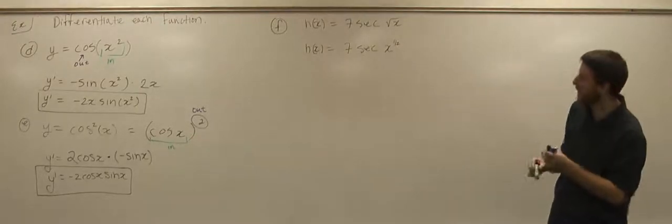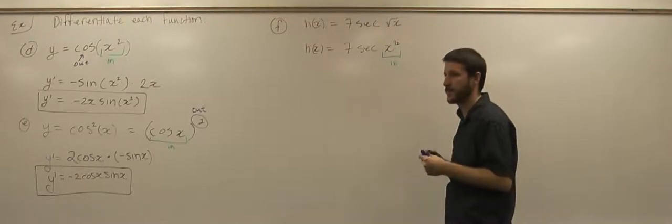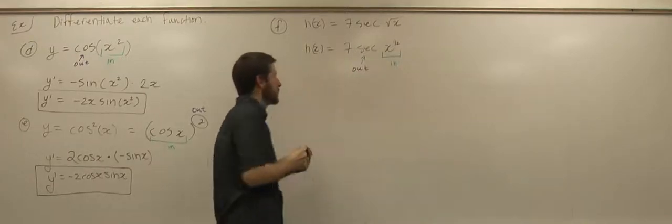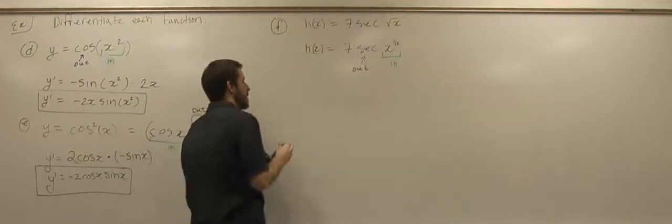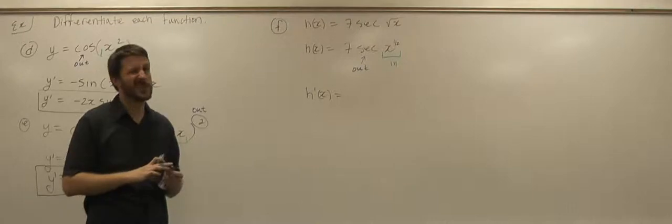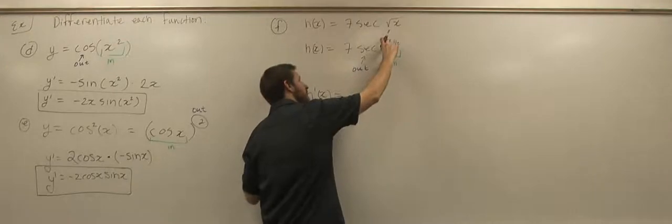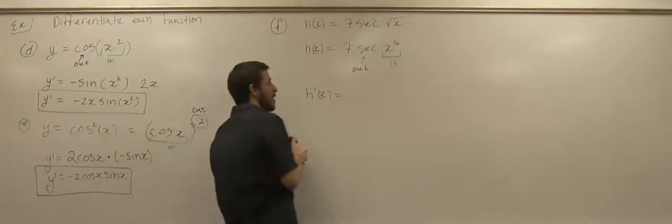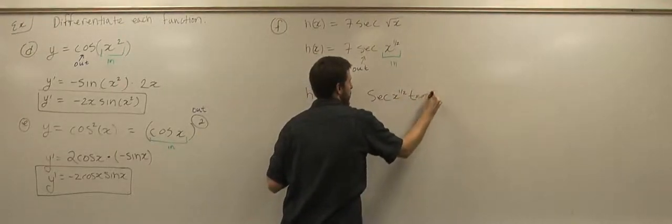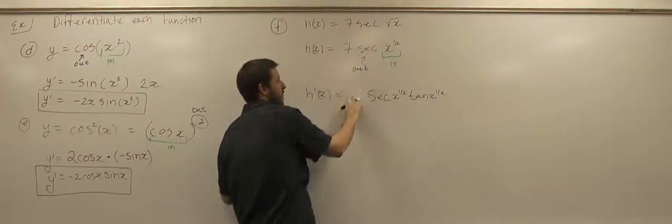Then we have to identify our inside and outside. Inside is x to the 1/2. Outside is the secant function. The way the chain rule works, you do the derivative of the outside first. So h prime of x equals, do you remember the derivative of secant? Secant x tan x. Because the inner function is x to the 1/2, I'm going to have secant x to the 1/2 tan x to the 1/2 for the derivative of the outside, and then the 7 follows down.